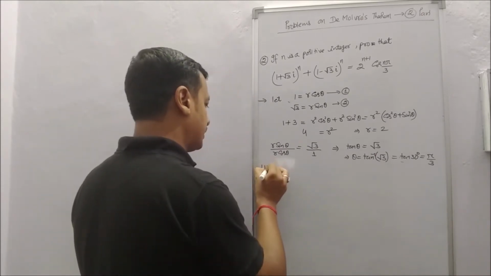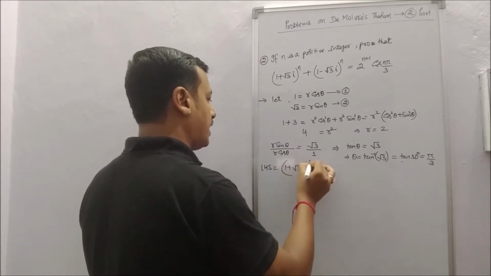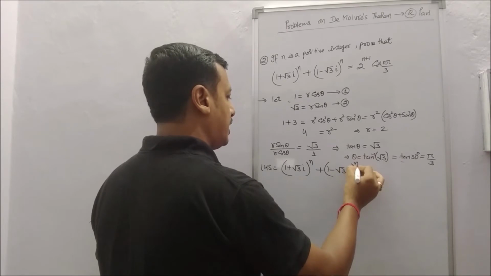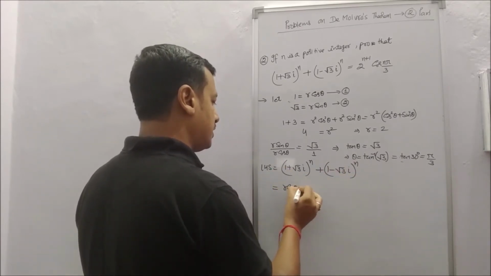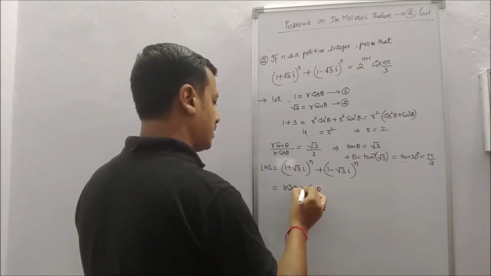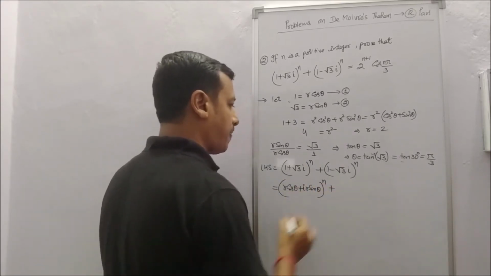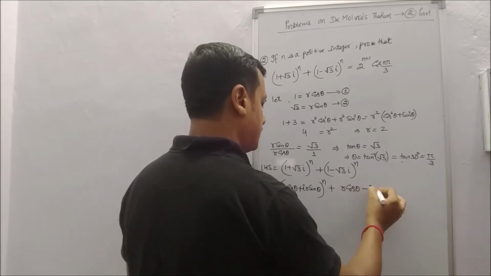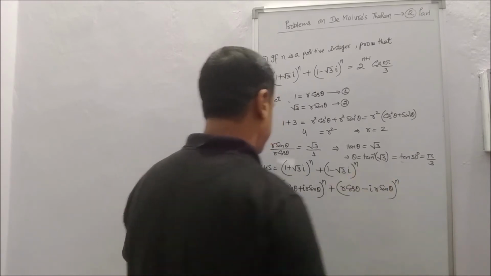So LHS is equal to (1 + √3 i)^n + (1 − √3 i)^n. In place of 1, r cos θ, and in place of √3, r sin θ, so we have (r cos θ + i r sin θ)^n + (r cos θ − i r sin θ)^n.